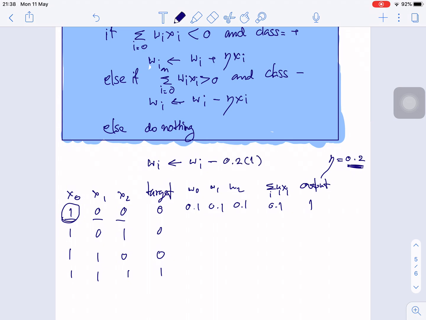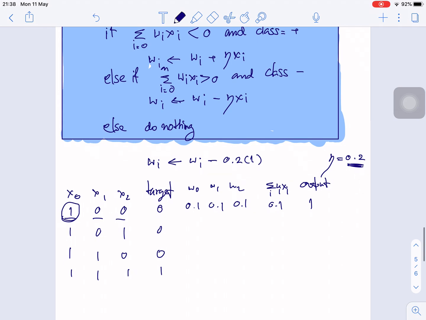In this case, xi is 1, that is for x0. So w0 will be 0.1 minus 0.2, which becomes minus 0.1. And because x is 0, when you multiply x by the learning rate, it becomes 0, so wi will still be the same.